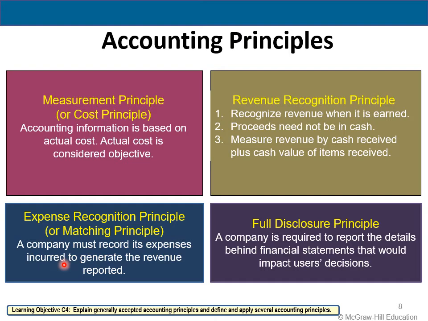However, I'm going to recognize at the end of August the amount of utility expense from the statement. It doesn't matter that I haven't paid for it yet. The company has incurred an expense. It used power, and so for that reason, it has to record an expense.